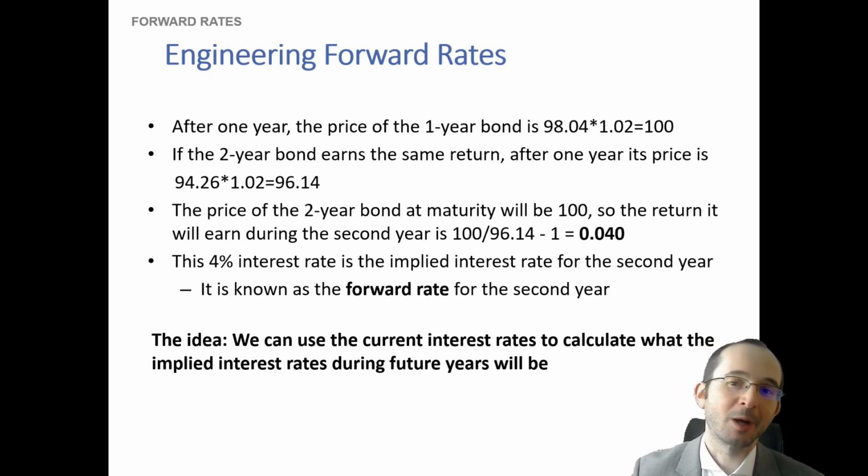And therefore, if we now compound it at its yield to maturity of 2%, we of course should get that face value back. So it shouldn't surprise us that the price of the 1-year bond at maturity is actually its face value of 100.